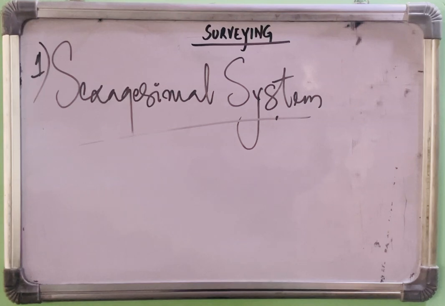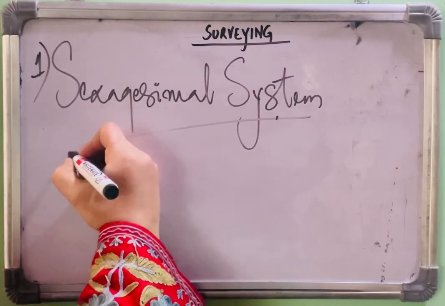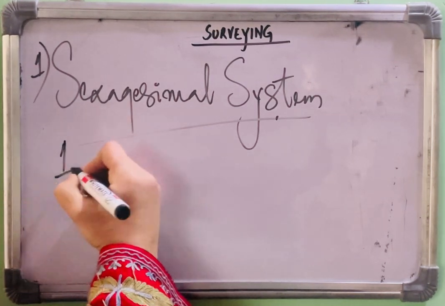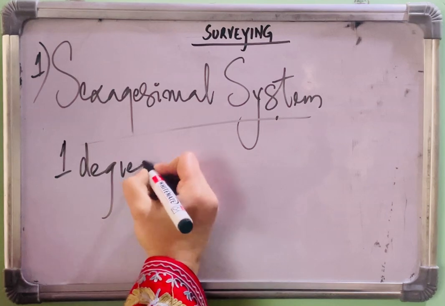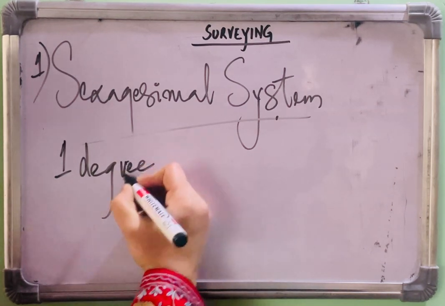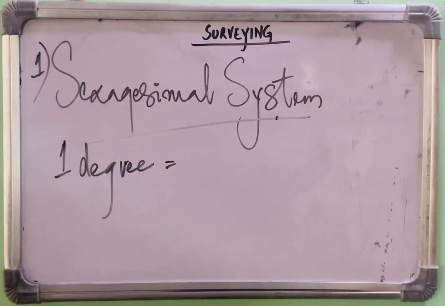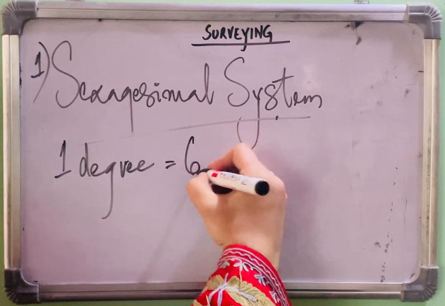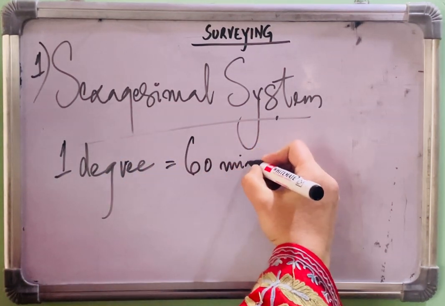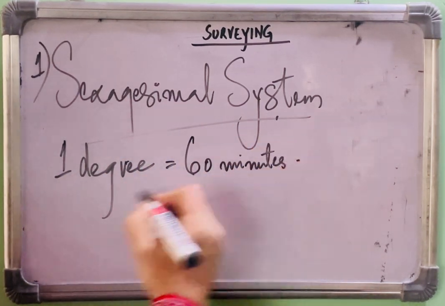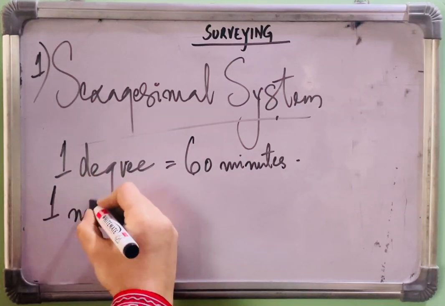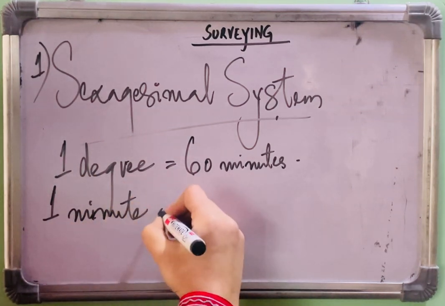Let me write it down for you. One complete rotation is divided into 360 degrees, which is in turn divided into minutes and seconds, wherein 1 degree is equivalent to 60 minutes, and 1 minute is equivalent to 60 seconds.